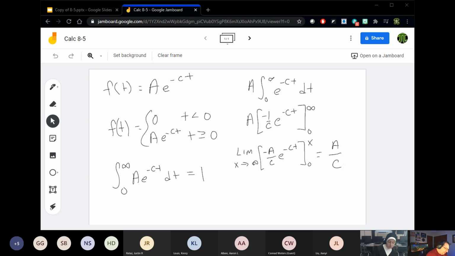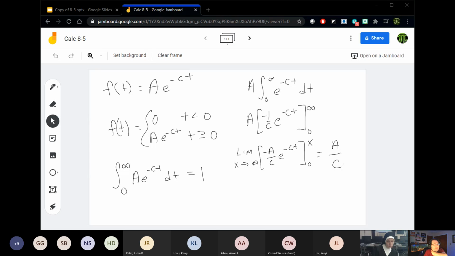Because when I plug in 0 for the t, I get 1 because it's e to the first power. And then when I plug in the infinity part up there, it just goes negative c to the x because that's going to infinity.